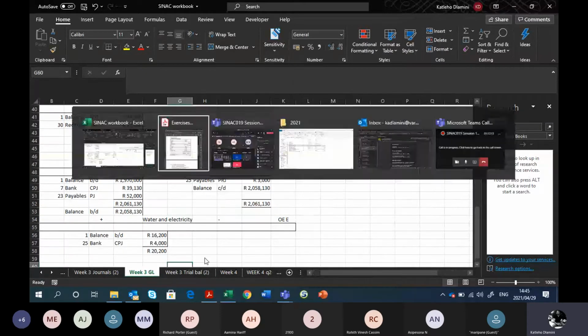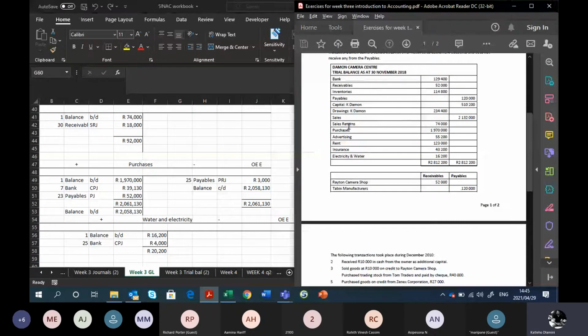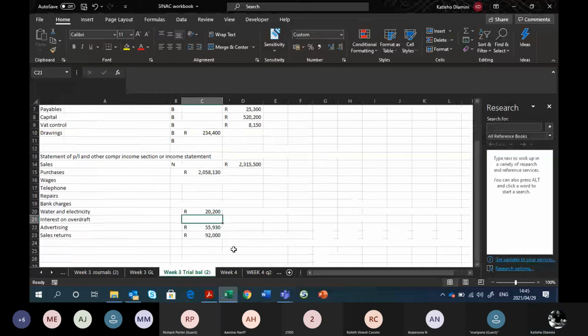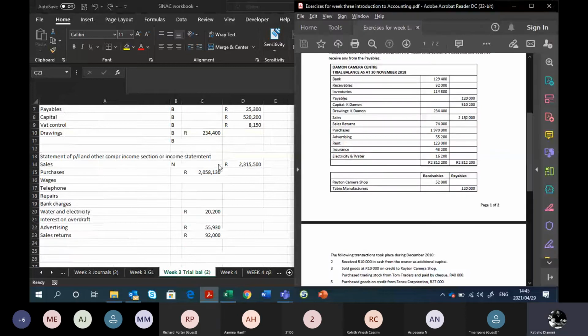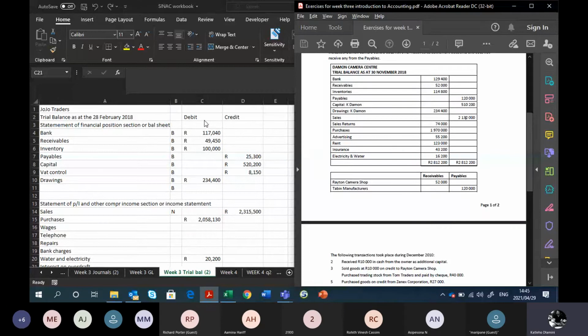Okay. So we did sales returns, purchases. Let me do this. Also, did we do everything under assets? Bank, yes. Receivables, yes. Payables, yes. Capital, yes. Drawings, yes. And then we did VAT control for good measure.